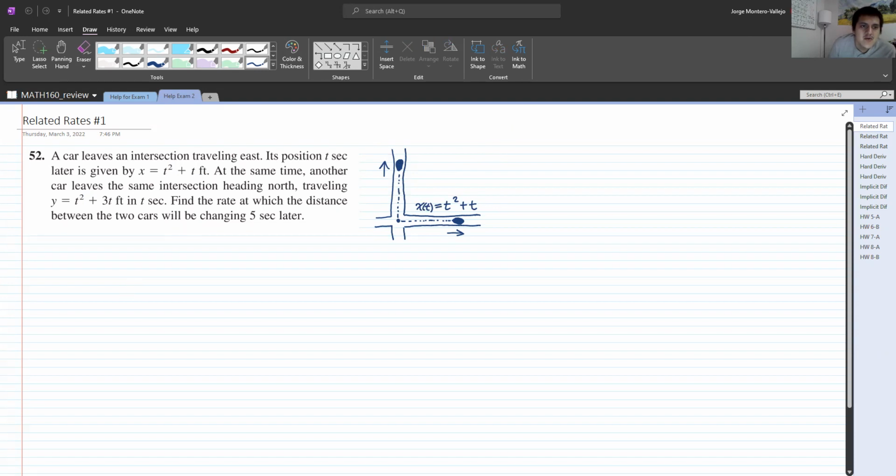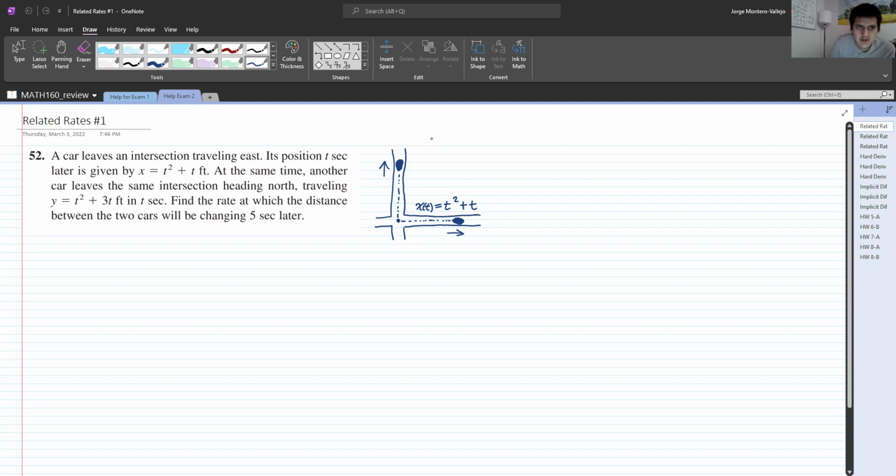At the same time, another car leaves the same intersection heading north. So that's this car over here. And it travels y equals t squared plus 3t feet in t seconds. So this is the function that tells you the position of this other car for any second t that you choose.